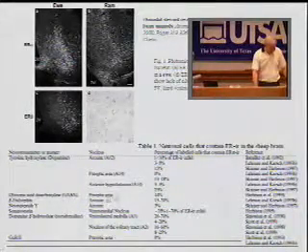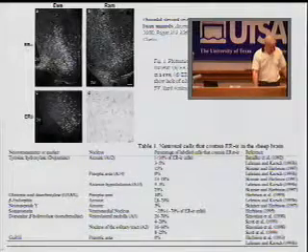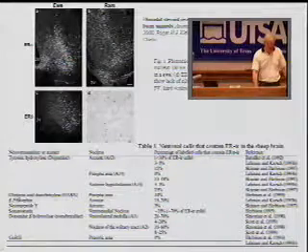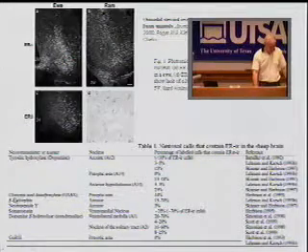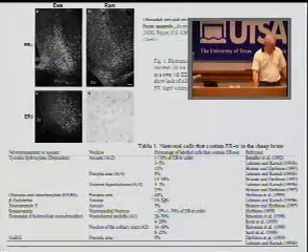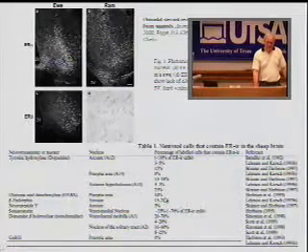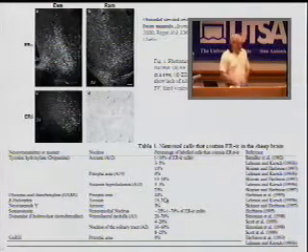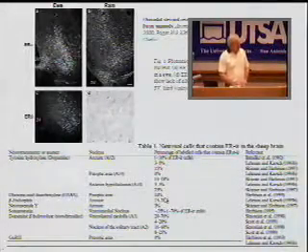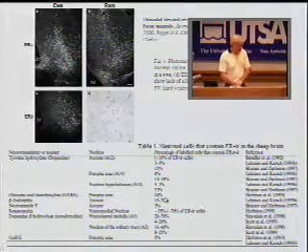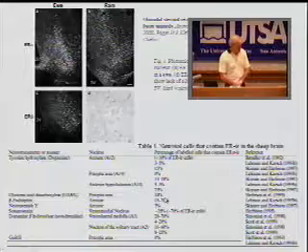GABA in the preoptic area, they stained with an antibody against the synthetic enzyme, the GAD. Remember that from neurochemistry, glutamic acid decarboxylase. So in the preoptic area, about 44% of those. So estrogen receptor in one of the primary inhibitory type of neurons using GABA as a neurotransmitter.